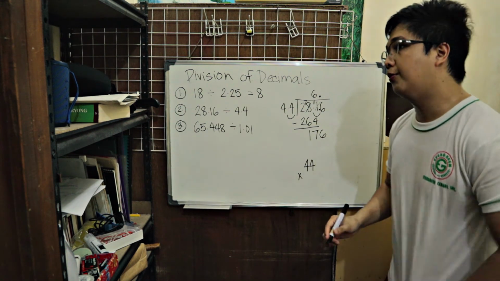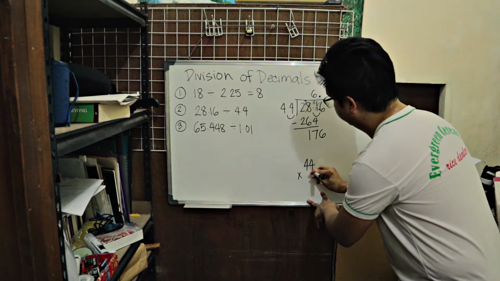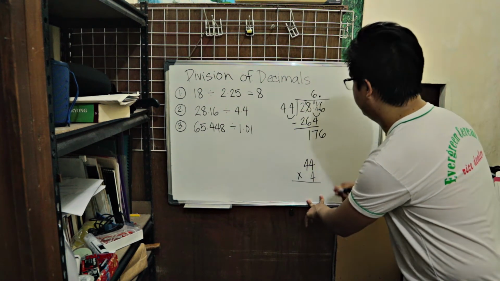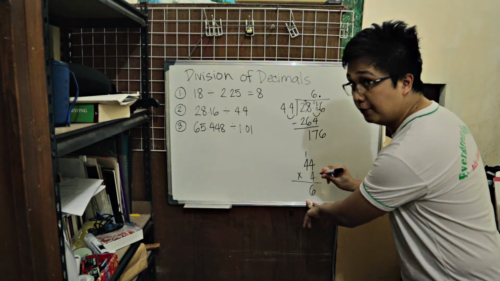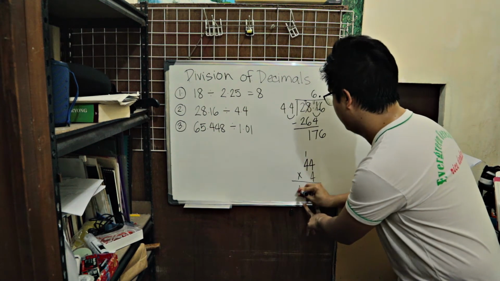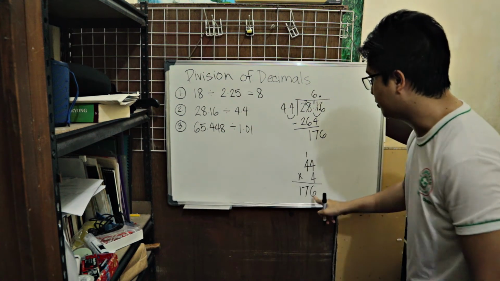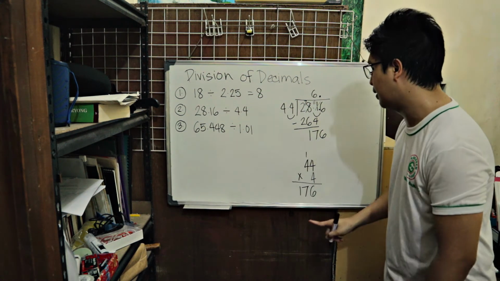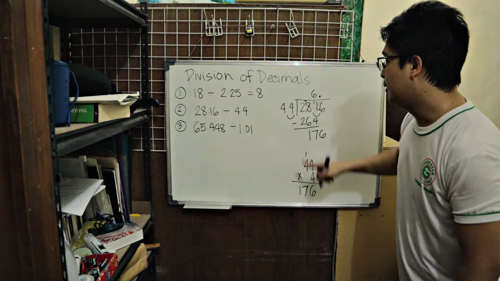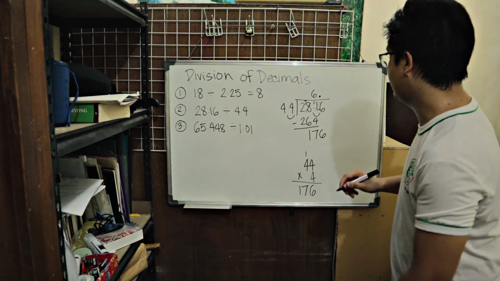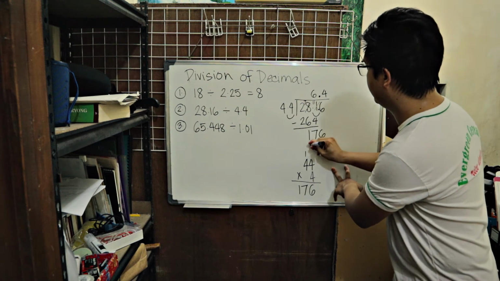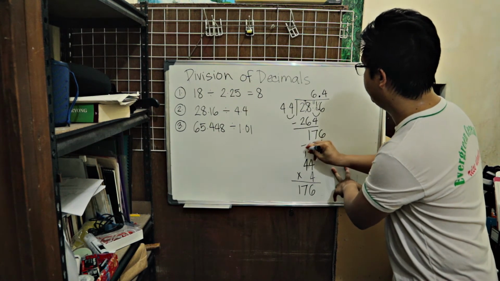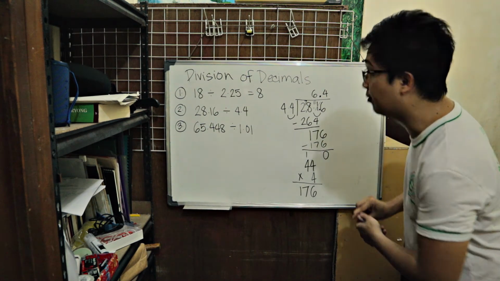Let's try 44 times 4. 4 times 4, 16, so 6, carry 1. 4 times 4 is 16, plus 1, 176, which is exactly the answer that we want. So 176 divided by 44 is equal to 4. 4 times 44, 176. When we subtract, the answer will be 0.